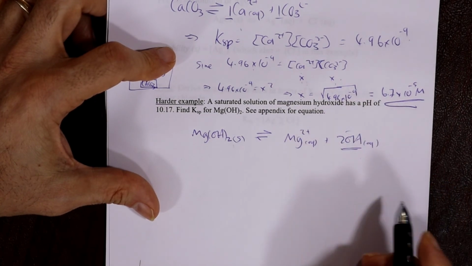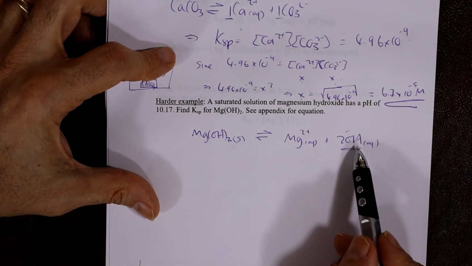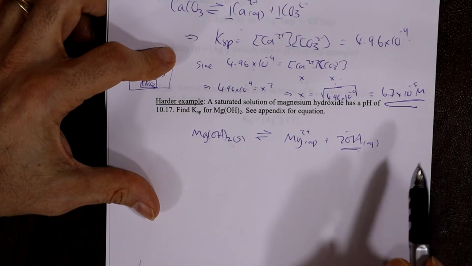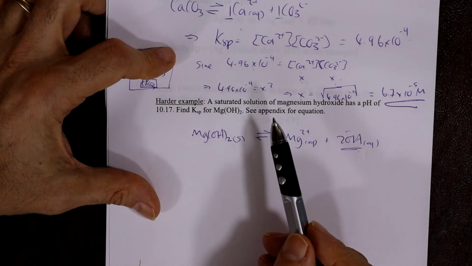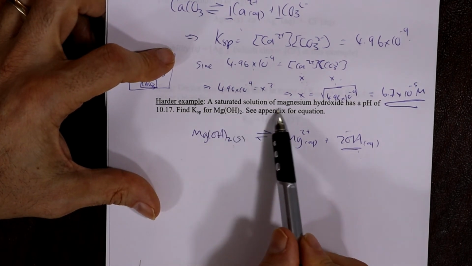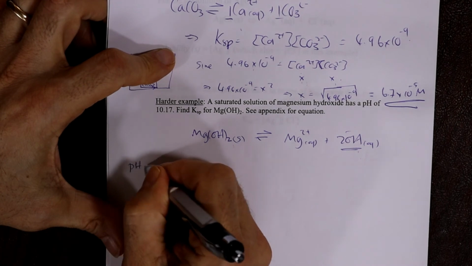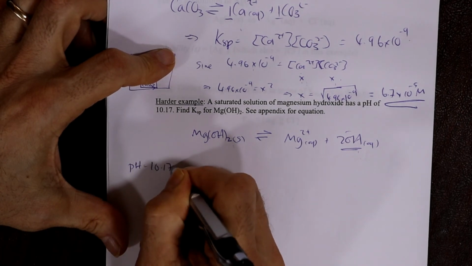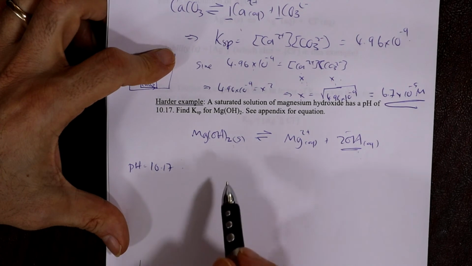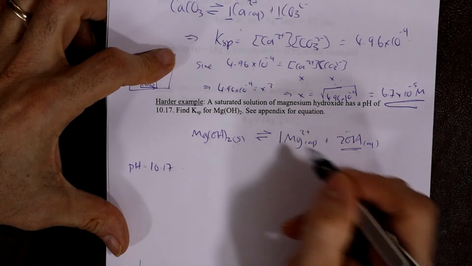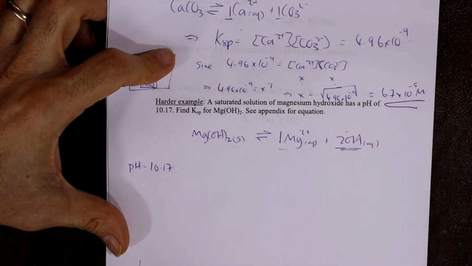Now, because we've got OH, we can get to pOH and then pH. So this one, a saturated solution of magnesium hydroxide has a pH of 10.17. If we think about it, we get one of these and two of these through the dissociation.